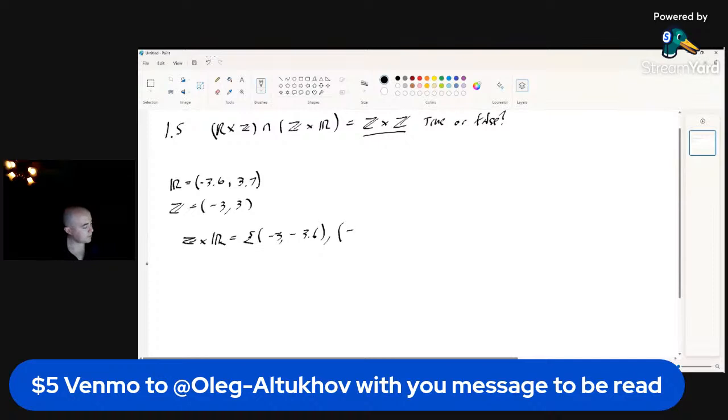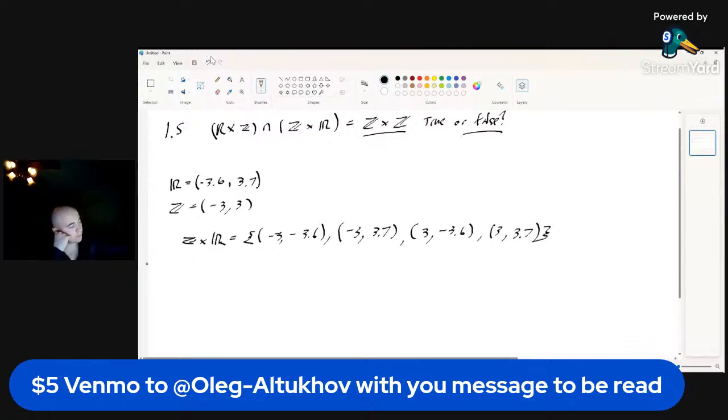And then it's going to be -3 and 3.7. It's going to be 3 and -3.6 and 3, 3.7. Okay. So we don't have to prove what type this is. We simply have to answer the question, is this true or false, that it would create an integer by integer set? And the answer is false.